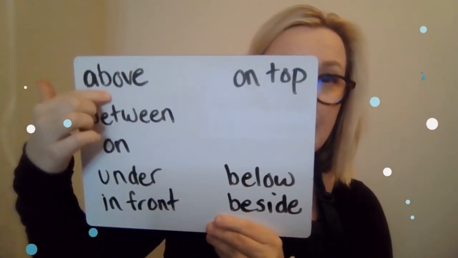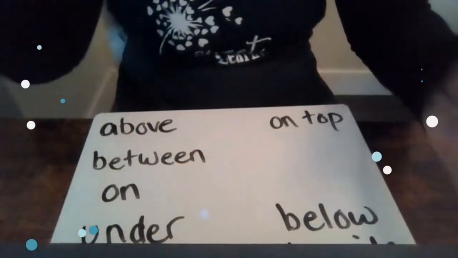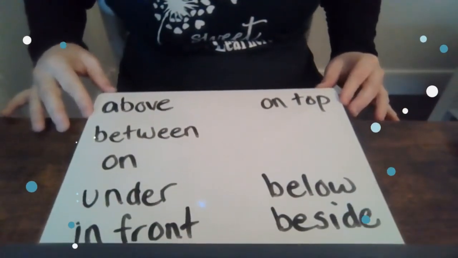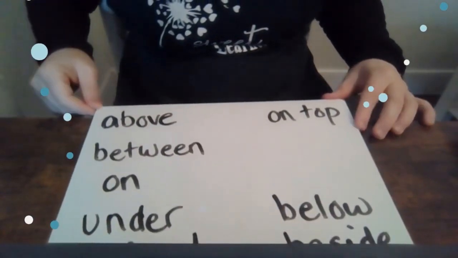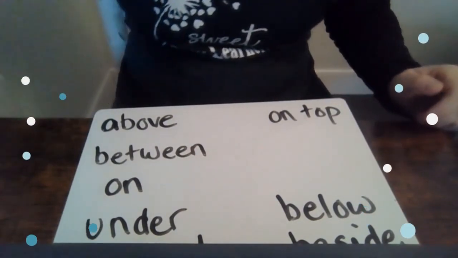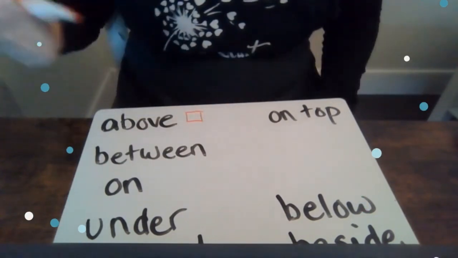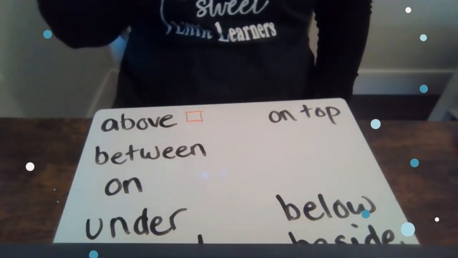So this word says above. What could you draw next to that word so you can remind yourself what that says? Let's get some markers out, and you might want to do the same thing. Let's just say we're talking about a cube. Where would you put the dot?